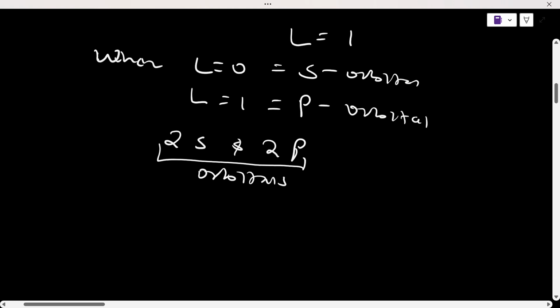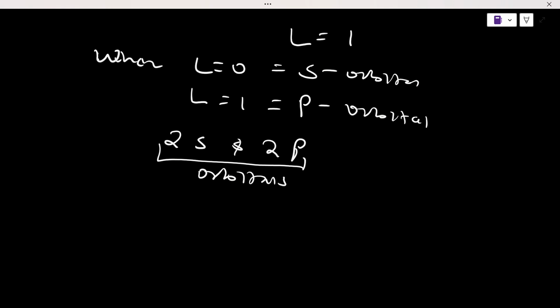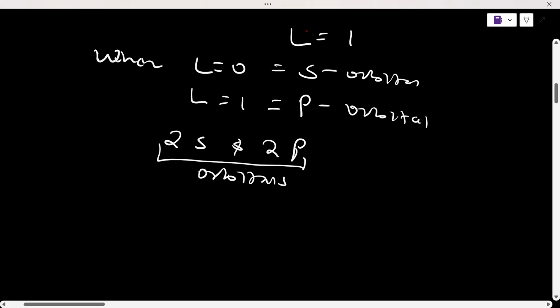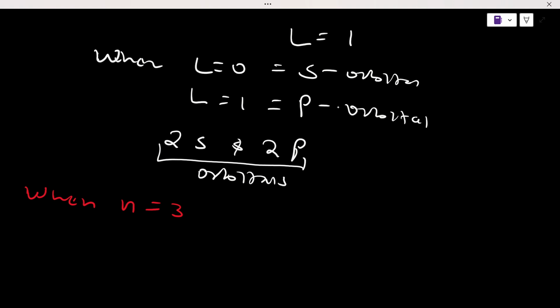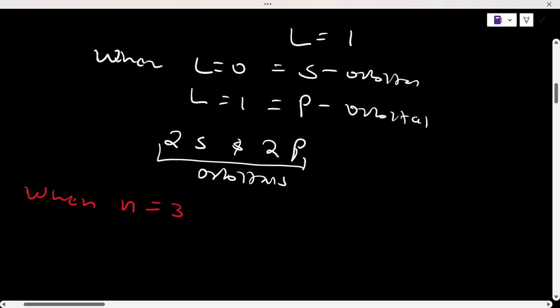Next, when principal quantum number is 3, so we're going to say when n is equal to 3, what is going to happen?